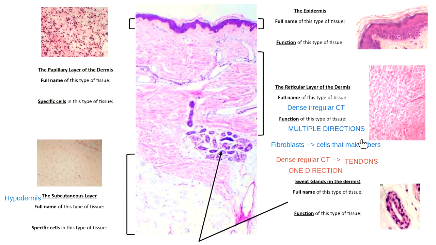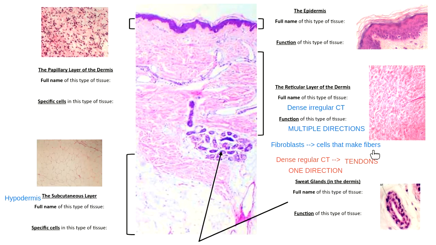So you can't really see them when we're looking at dense irregular connective tissue because there's just so many proteins. But the type of cells that we would find in this kind of tissue, if we could see them, would be called fibroblasts. They're cells that build, that's what blast means, builder, cells that build fibers, fibroblasts.